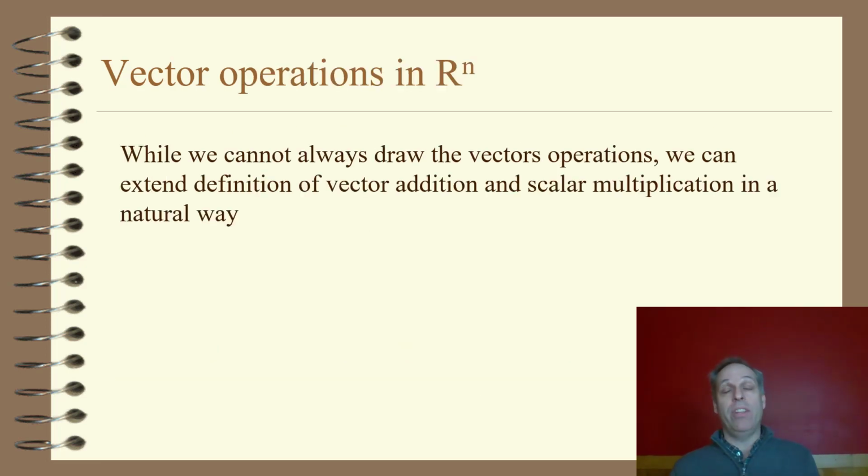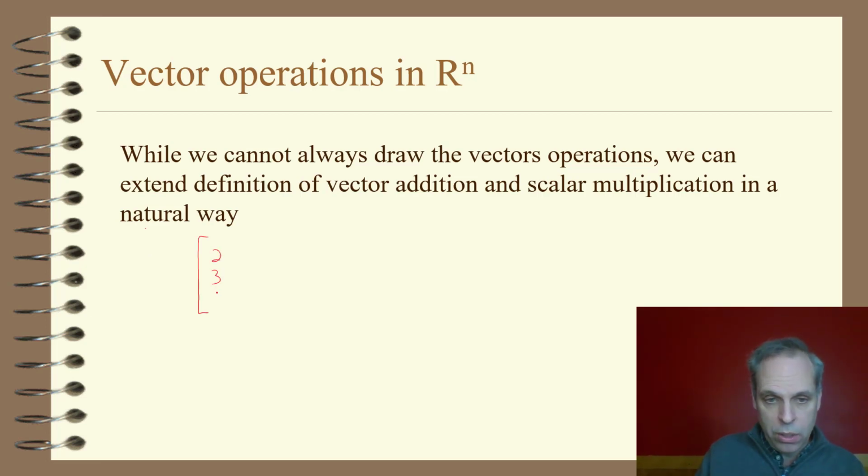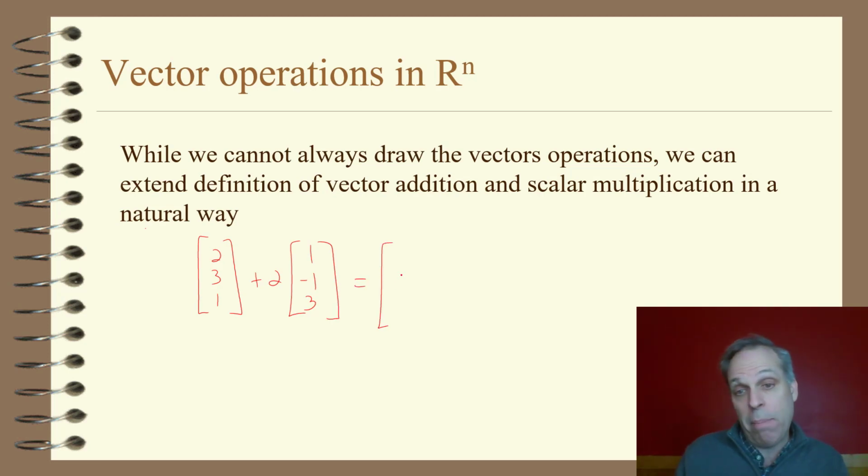Also, now that we have these vectors, you can then naturally extend the definition of vector addition and scalar multiplication up to vectors of many, many components. You literally just add the components together or multiply the scalar through the components. Just as a quick example, if I gave you the vector 2, 3, 1, and I want to add to it 2 times the vector 1, negative 1, 3, this is the same as writing, just do everything by components.